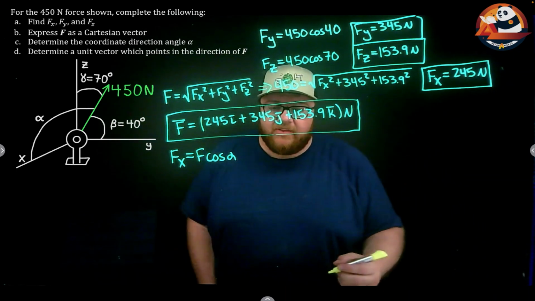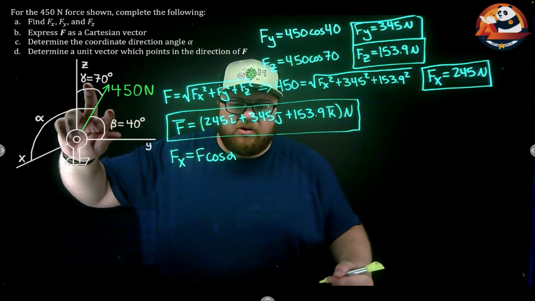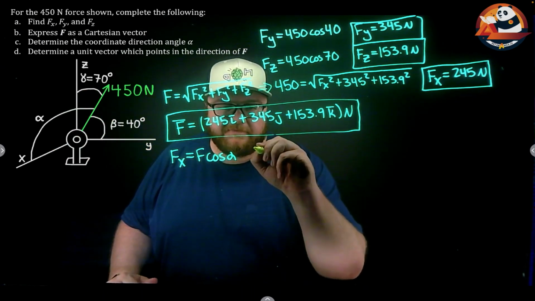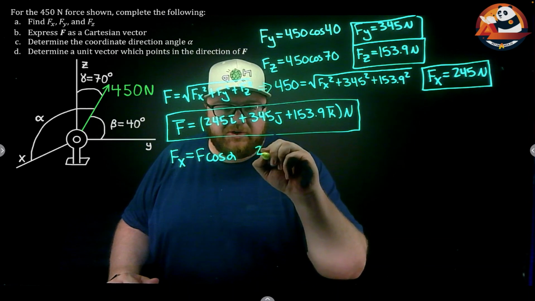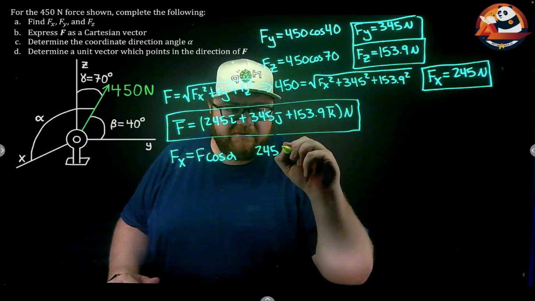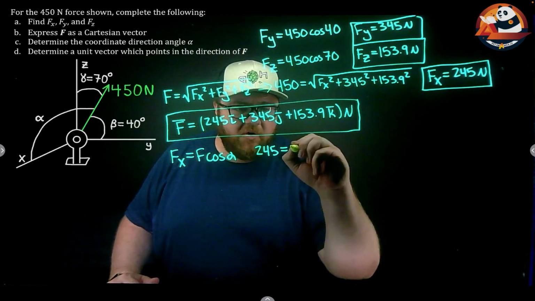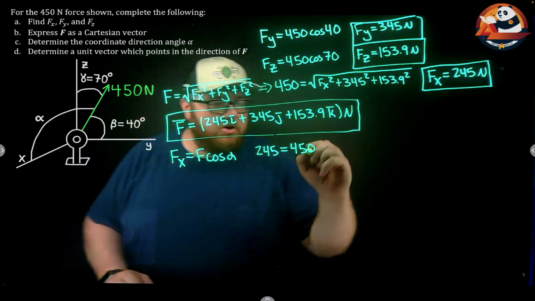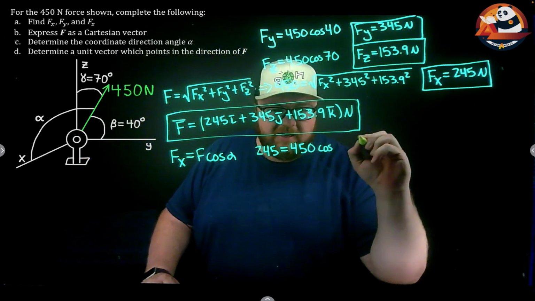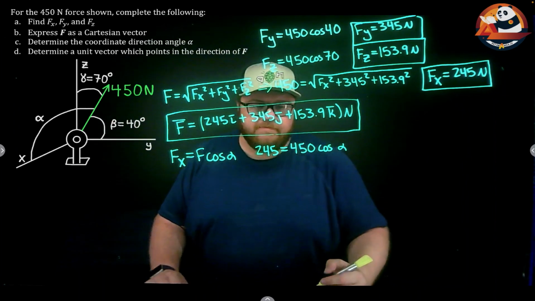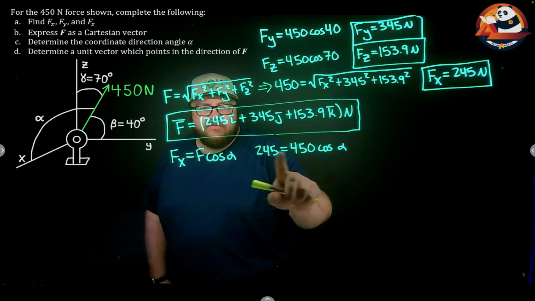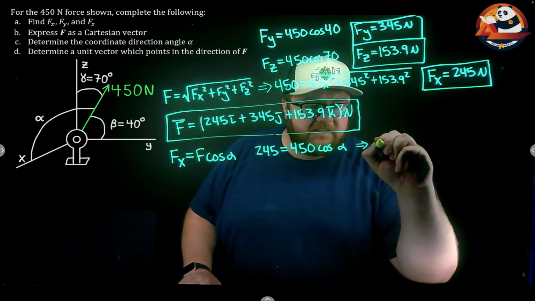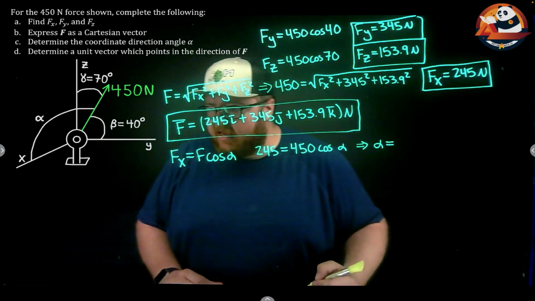I should be able to solve for that. With only 2 of my coordinate direction angles known, I should be able to get to the third one every single time. My Fx, 245, is equal to my total force, 450, times the cosine of alpha. I'm dividing through by 450, taking the inverse cosine.